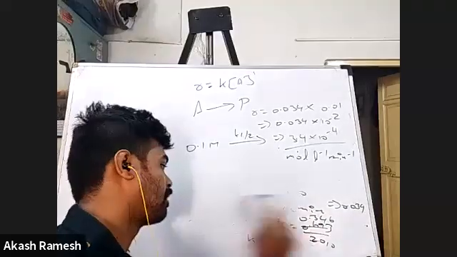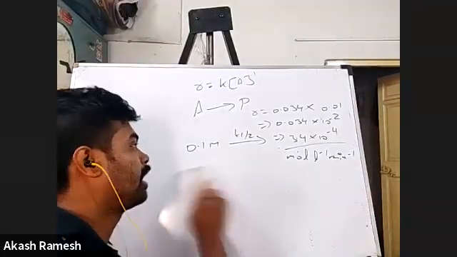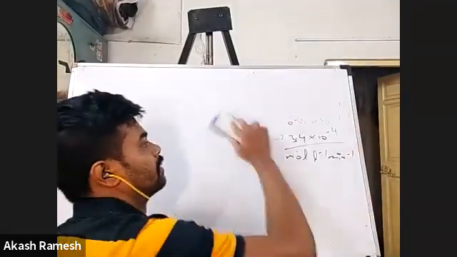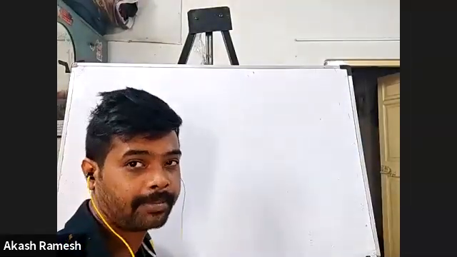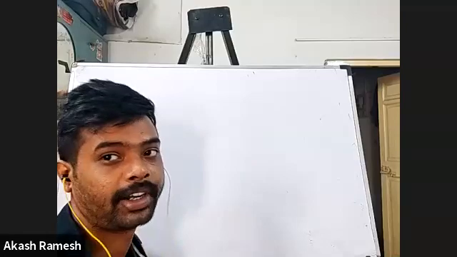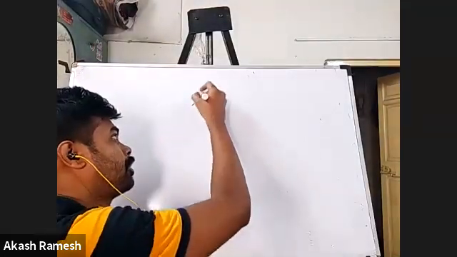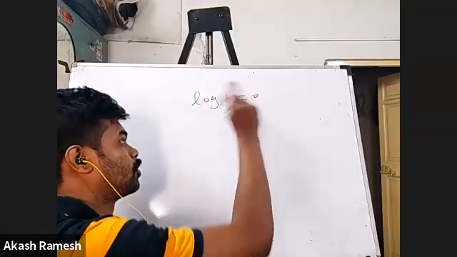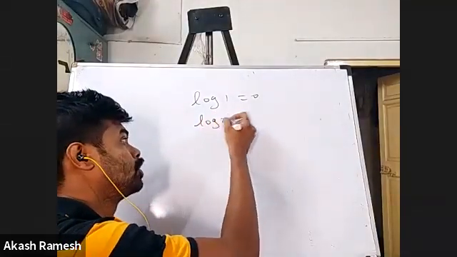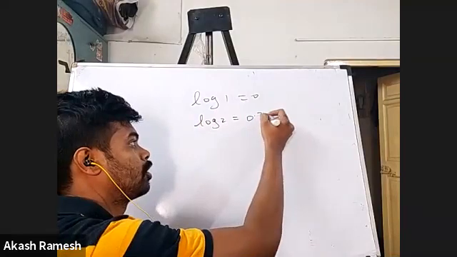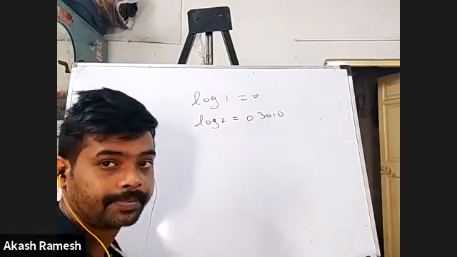So let me give you some insights about log. I know you're allowed to use log books, right? But you can save some time with whatever I'm going to tell you. So you start with log 1. Log 1 is 0. Now log 2, you have to remember the value, which is 0.3010.